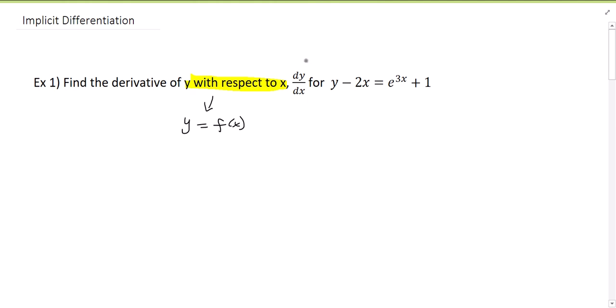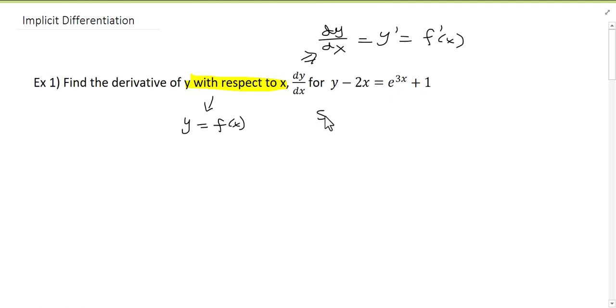And so dy dx is the same thing as saying y prime or f prime of x. So these are the same things. So here I have y minus 2x equals e to the 3x plus 1.